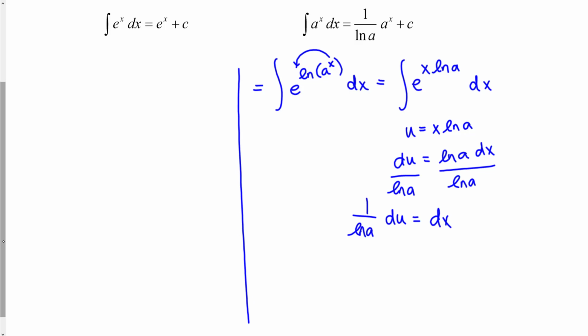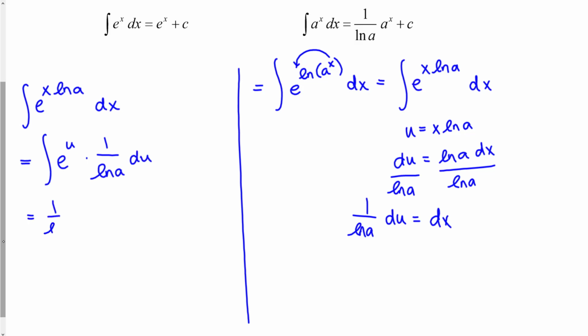I can now say the integral of e to the x natural log a dx can be written as, all right, so x natural log a becomes u, so e to the u, and dx becomes 1 over the natural log of a du. So effectively I have 1 over the natural log of a times the integral of e to the u du, which is 1 over the natural log of a e to the u plus c.